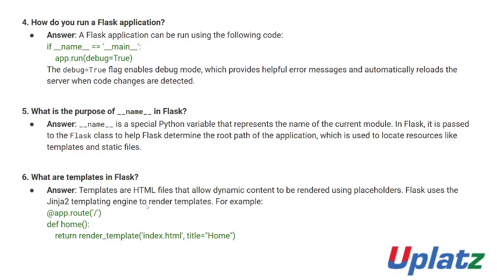Flask uses the Jinja2 templating engine to render templates, for example, @app.route('/') then def home(): return render_template('index.html', title='Home'). So in that case, you will get Home when you use that title in the index.html.